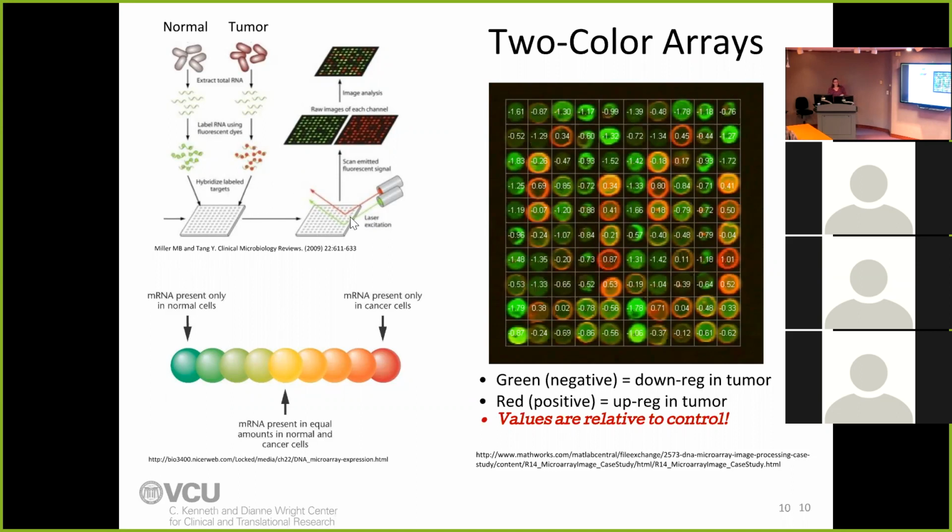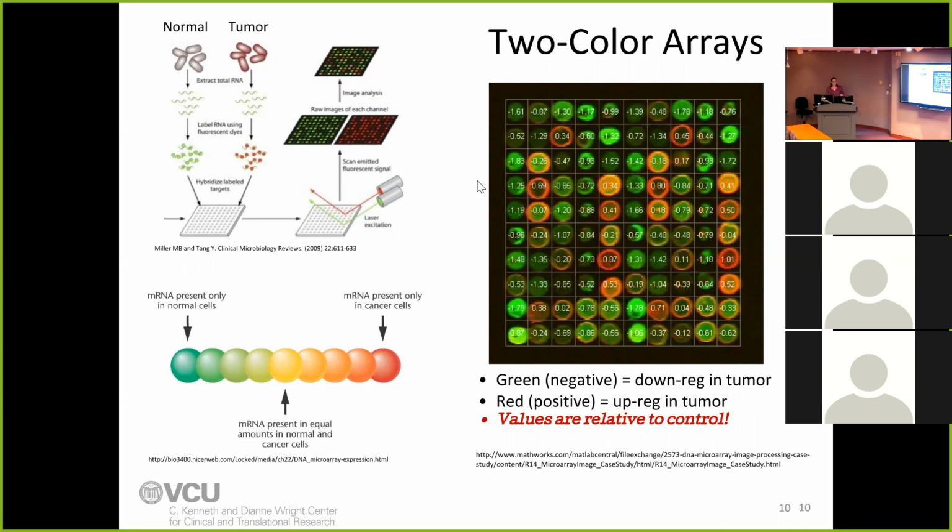Then you scan that array with green and red lasers to get the fluorescent intensity of where your cancer samples or your normal samples have hybridized. And then these two are computationally combined to get one image that looks something like this for both samples.